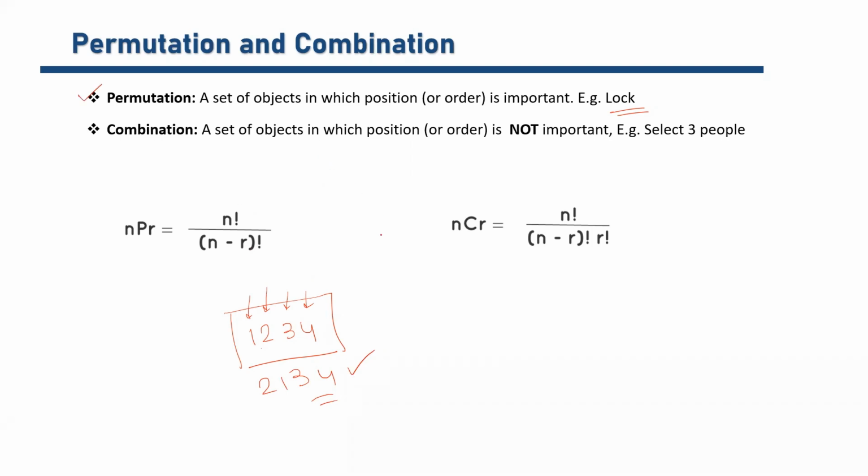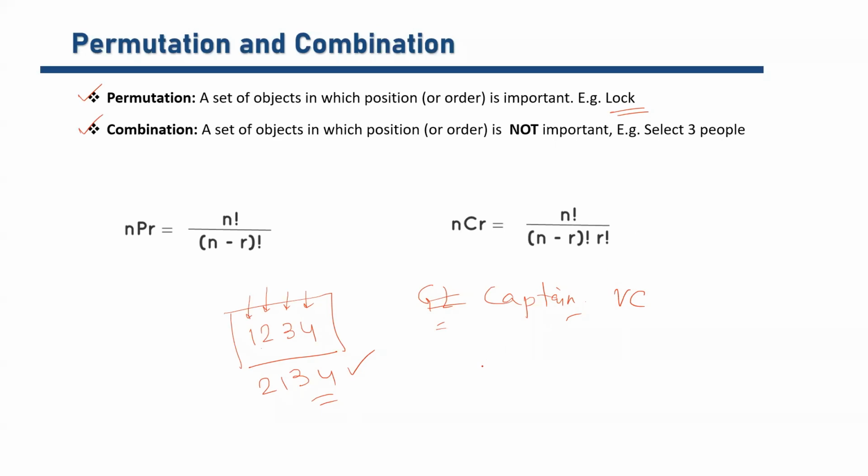Now, if I ask you to select a group leader out of all 10 of us, right? A group leader and a captain, or say a captain and a vice captain, right? So the order is not important. You can choose as and when you want, right? So this is an example of a combination, right?